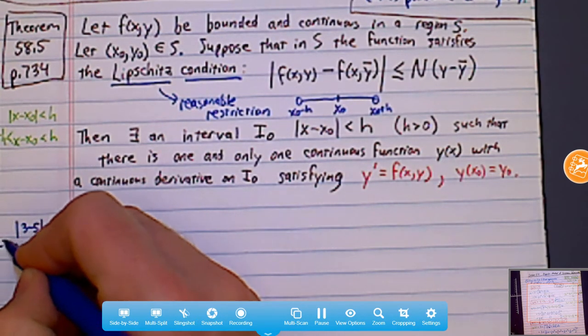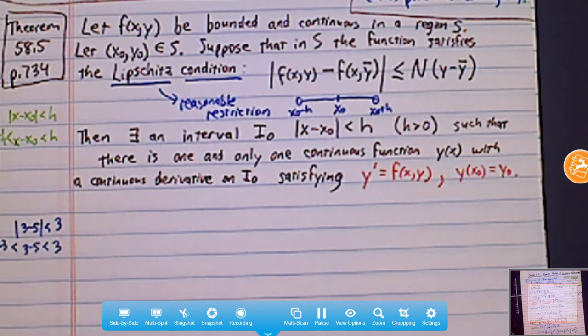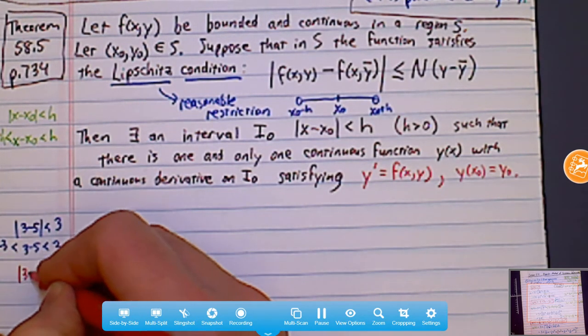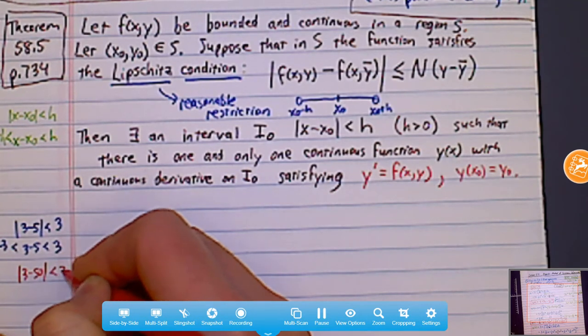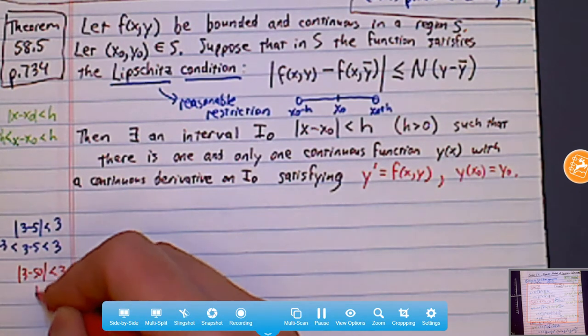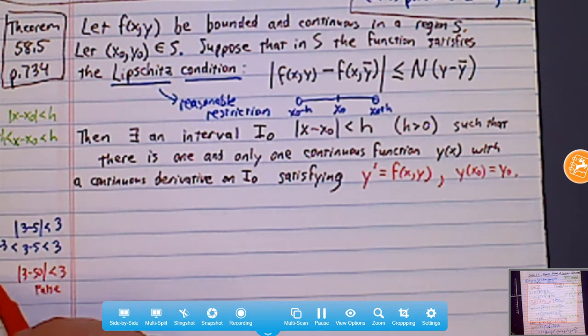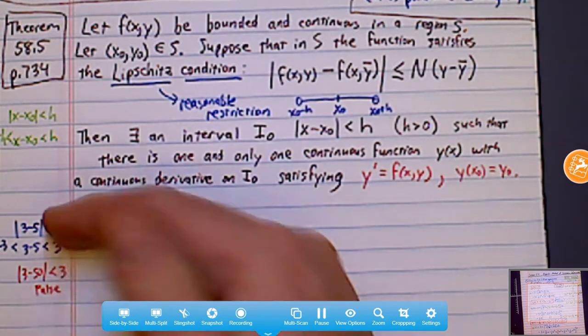Negative 3. But if I try this, is it true that the absolute value of 3 minus 50 is less than 3? That's false. And the reason it's false is because it's not greater than negative 3 when you take away the bars. See that? So maybe that kind of shows you.